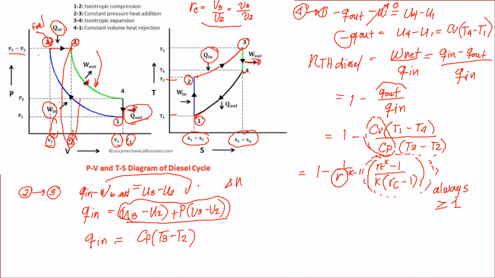Having a high compression ratio means that this one, or the subtrahend, becomes lesser because of the greater compression ratio here. So 1 minus a greater number becomes lesser.